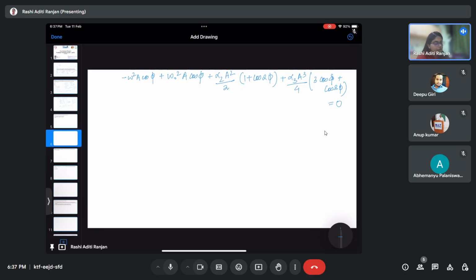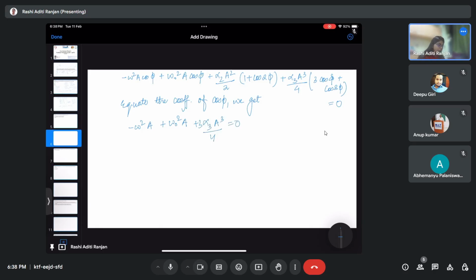So if I equate the coefficients of cos phi, we get minus omega square A plus omega naught square A plus alpha 3 A cube by 4 into 3 equals 0.